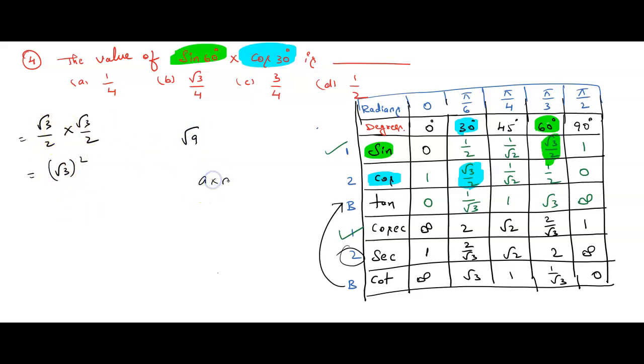Like if it is a into a, we write a square, no? Similarly, root 3 into root 3 is root 3 whole square, by 2 2s are 4. Now square and square root get cancelled. Left out is 3 by 4. So where is 3 by 4? Option C. So for question number 4, option C, 3 by 4, is the final answer.